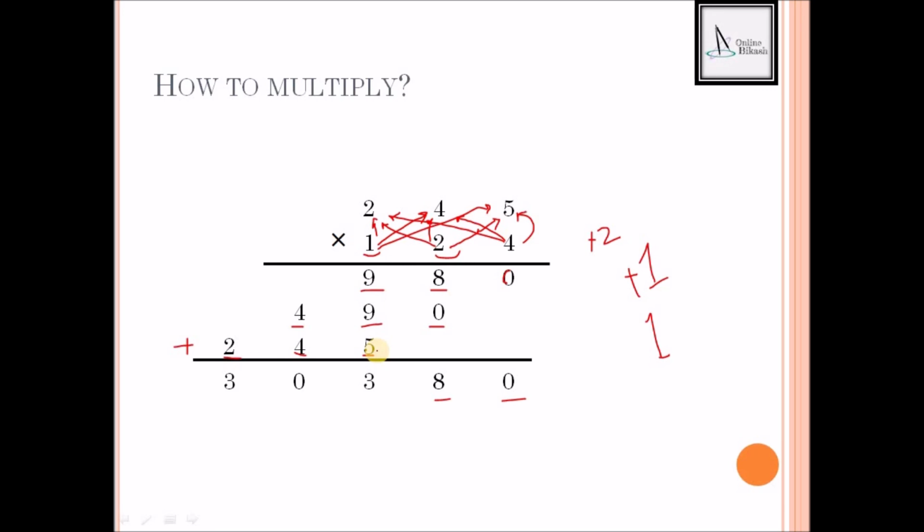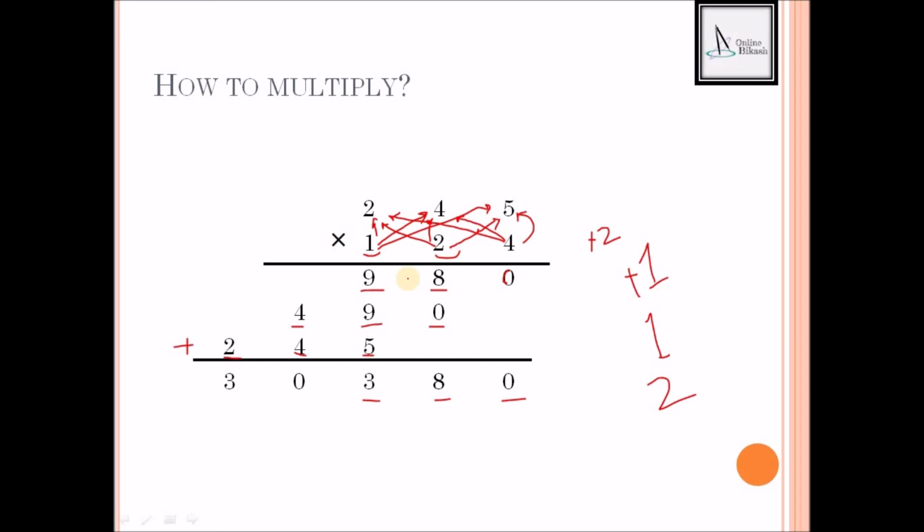So 9 plus 9 is 18. Now you count with your fingers: 19, 20, 21, 22, 23. Are you getting 23? So write this 3 here, and we have this 2 in our hand.